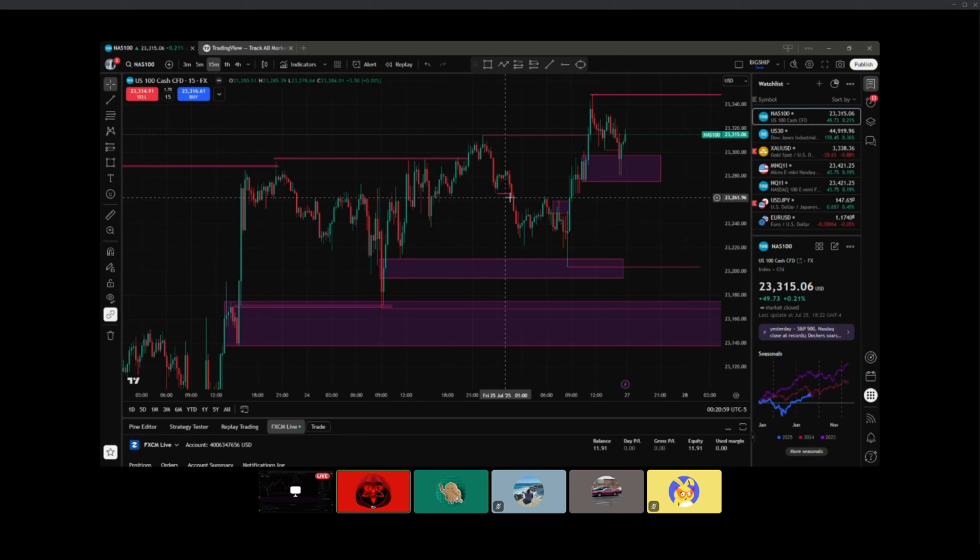So even if I see these, I should still keep my bias and know that price is going to want to sweep this liquidity here before taking out this high, because price came up and gave me a very strong bullish order block right here, which is this one.